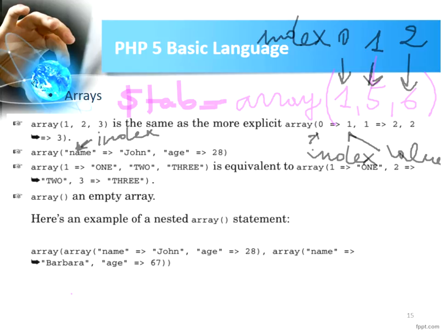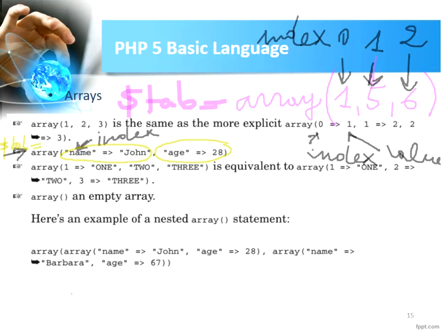Also in PHP I can use a string index. This is an index as a string index. So in our example here, how many elements in my array? Not 3, only 2. Yes, 2 elements.